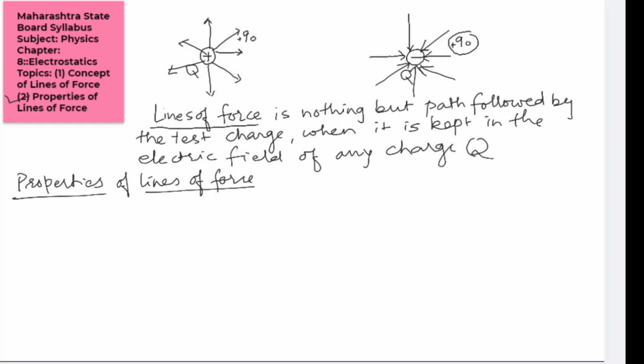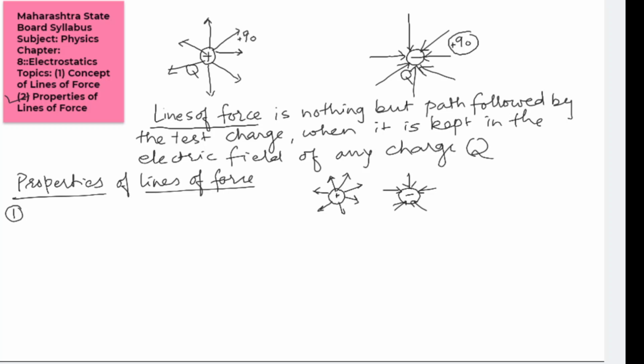Suppose this is the positive charge, and then all the lines of force we are showing away from it. And if the negative charge is there, we are showing all the lines of force coming towards it. So what should be the first property from this diagram?